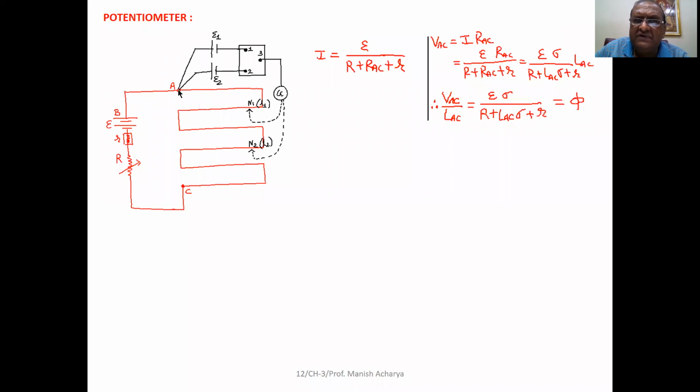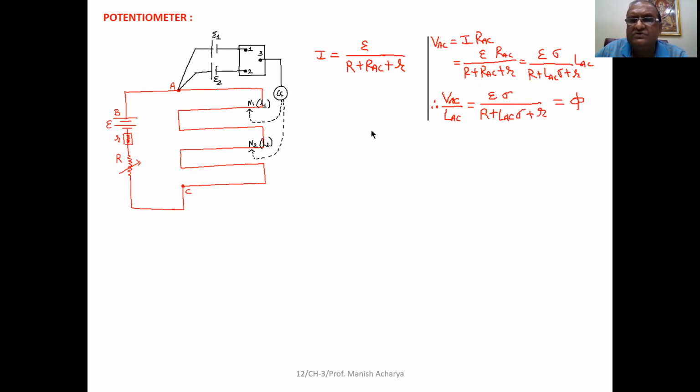So potential difference across AC, that is current I into resistance of AC. Now substitute the value of current I here. I, that is E upon R plus RAC plus small r into resistance of AC wire.